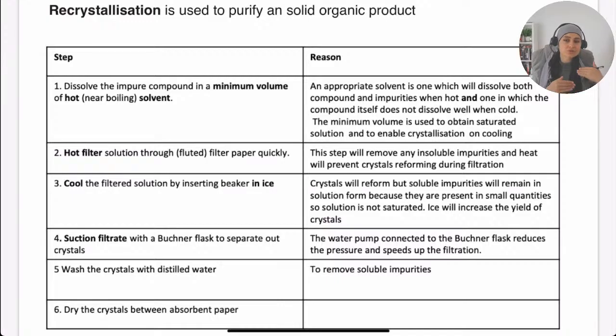Then, to make your substance even more pure, you dissolve it again in the solvent and crystallize again. This is recrystallization, but it's not as simple as I explained it. These are the steps. If you want, you can read them.